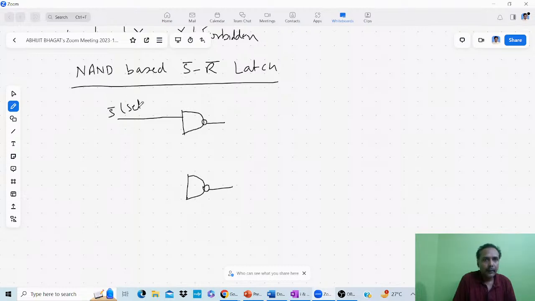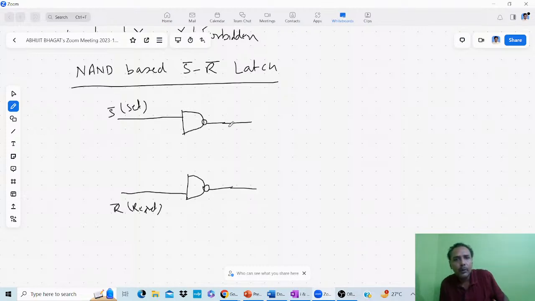S is for set, and there is the R bar. R is reset. Same as the previous, here one gate's output is input to the other gate.